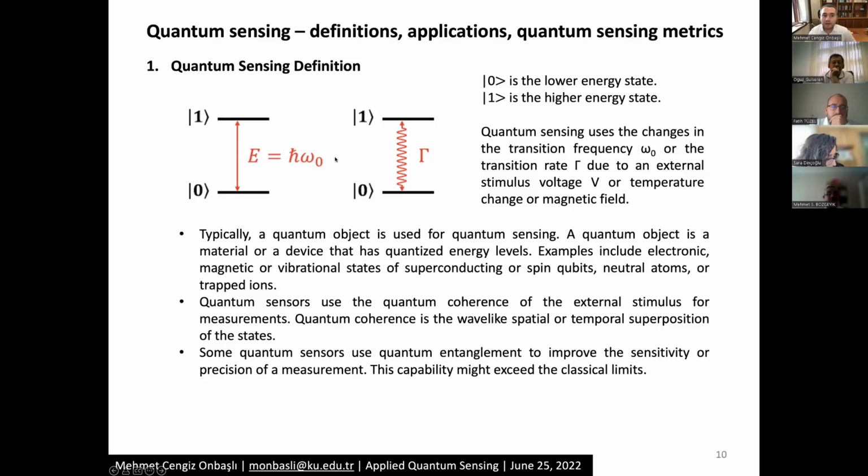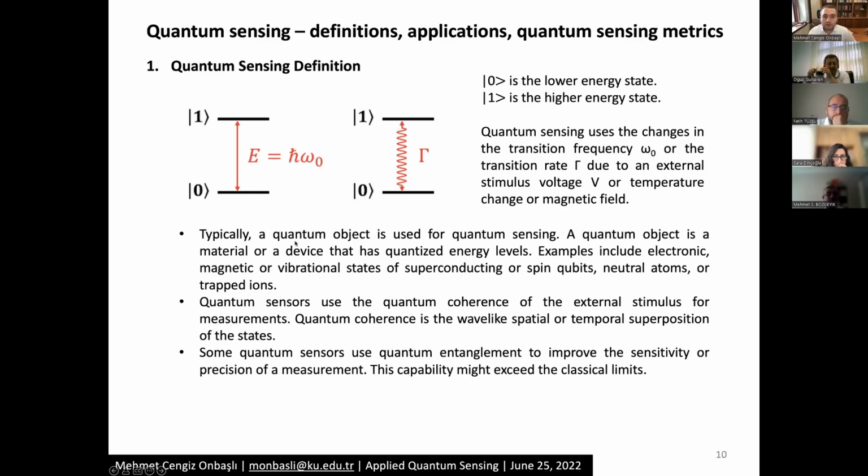And that delta omega will be proportional, or monotonically increasing, with our external field amplitude. And we also look into this transition rate to pick up the strength or the stimulus amplitude for our sensor.